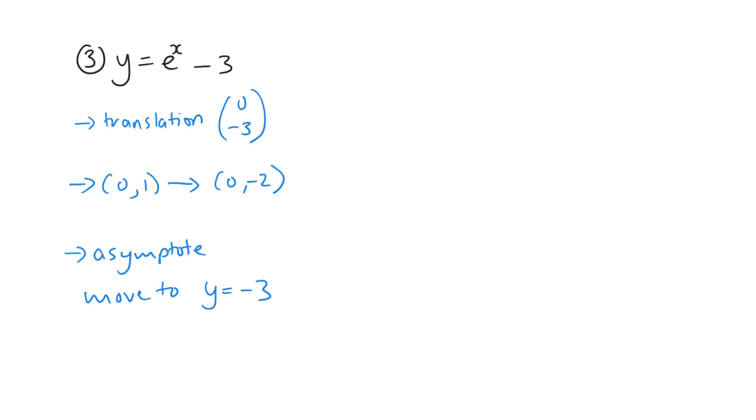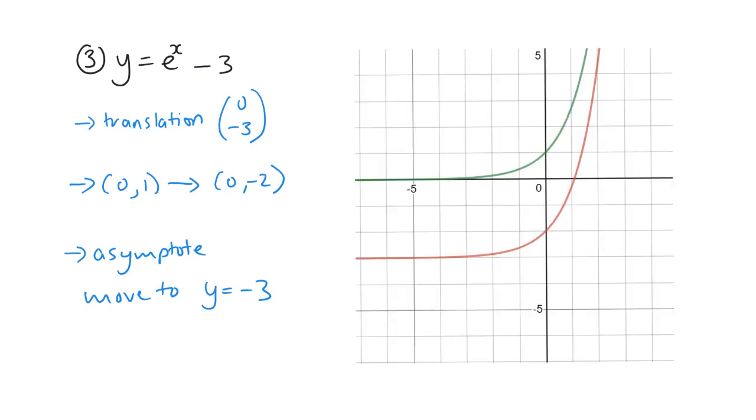It'll move down from the x-axis down to y equals minus 3. So you can see our original graph is in green again, y equals e to the x, and it's going through the point there at 1. That point moves down 3, so it's going down through minus 2. And you can see that this at minus 3 is your asymptote.